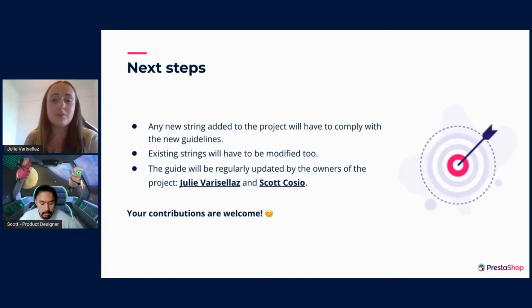We would like to add new components and new guidelines. So if you have ideas of new components that are missing, or if you have ideas of guidelines we could add, feel free to open an issue on the PrestaShop repo, or even contact us on the open source Slack. All contributions and suggestions are welcome.